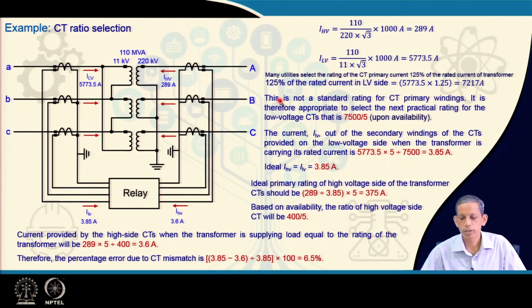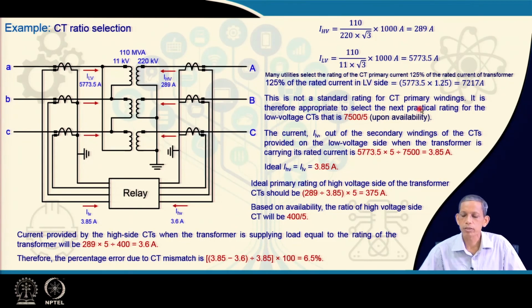Many utilities prefer that the corresponding CT primary current should be 125% of the rated current of the transformer, so that overloading and all these things are taken care of. So, for the low voltage side rated current, 5773 multiplied by 1.25, this 125%, becomes equal to 7217 ampere.